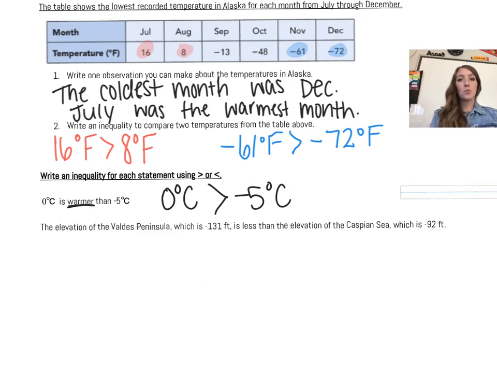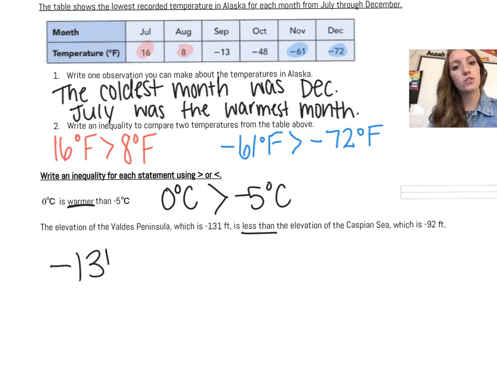The second example, the elevation of the Valdez Peninsula, which is negative 131 feet, is less than the elevation of the Caspian Sea, which is negative 92 feet. So I'm comparing negative 131 feet and negative 92 feet.